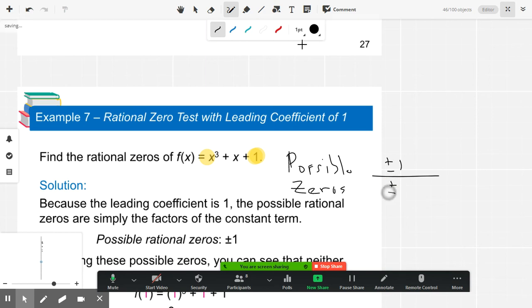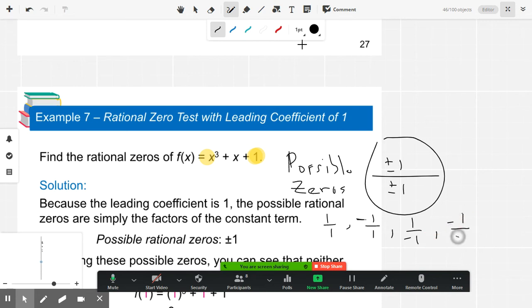Basically, this right here will tell me the possible zeros of this polynomial. Not all of them are zeros, but at least they're possible rational zeros. The numerator could be either 1 or negative 1. The denominator could be either 1 or negative 1. So the numerator could be positive 1 and the denominator positive 1; the numerator negative 1 and the denominator positive 1; the numerator positive 1 and the denominator negative 1; or the numerator negative 1 and the denominator negative 1.